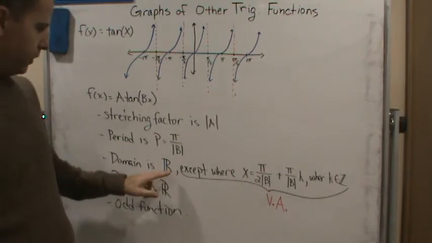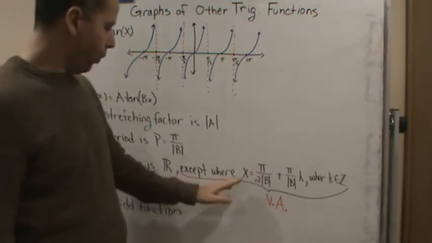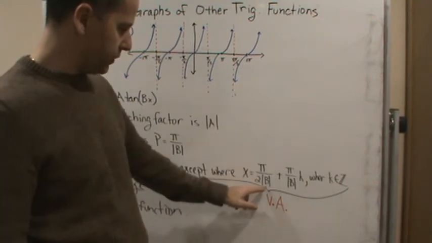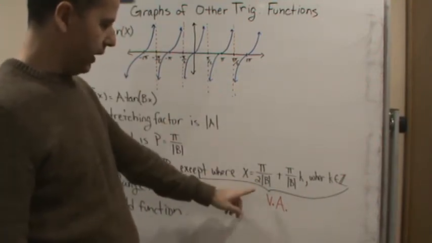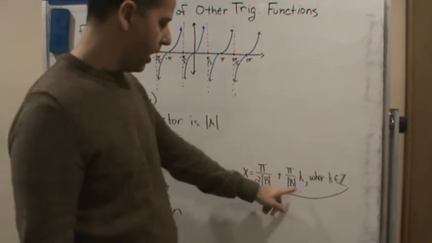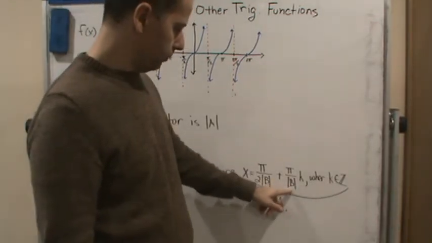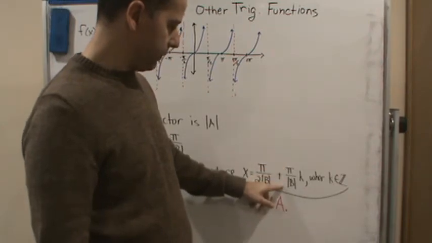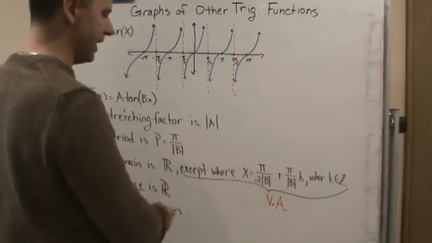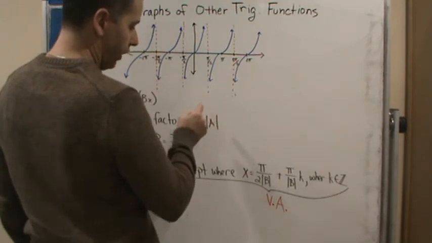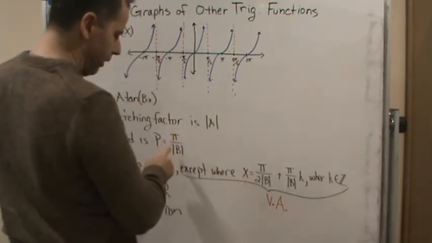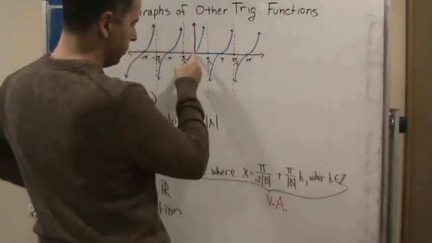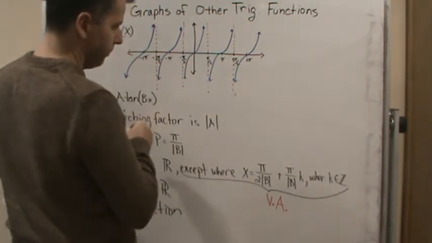The domain is going to be all real numbers except where x equals pi over 2 times the absolute value of b, plus some multiple of pi over the absolute value of b. So in other words, what this is saying is, if we take the period and divide by 2, right, x goes through the origin.